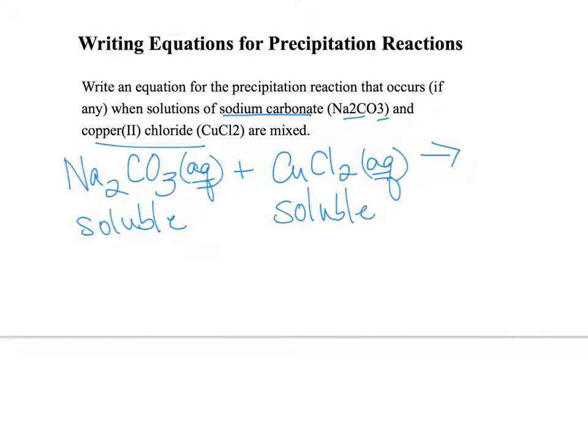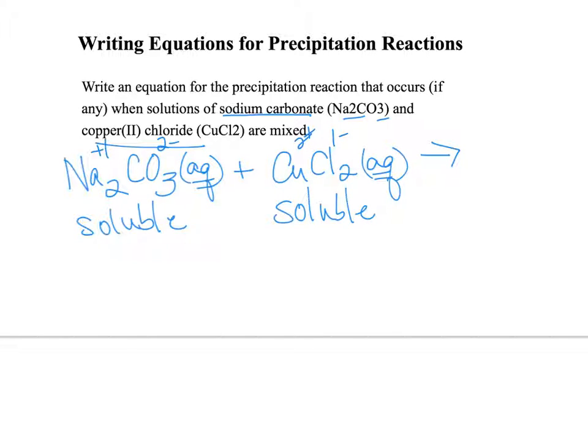CO3 is going to be your negative ion, and chlorine is also going to be your negative ion. So I like to put my charges. Sodium has a charge of +1, carbonate has a charge of -2, copper has a charge of +2, and chlorine has a charge of -1.